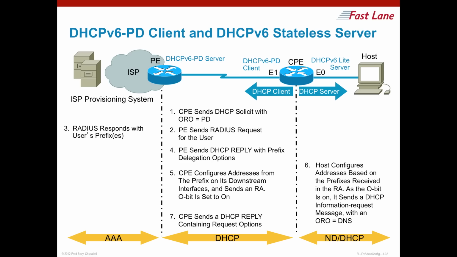So the CPE requests the prefix, which is given by the PE, and then the CPE sets a flag, the O flag, to tell the host that other configuration must be requested by DHCP, and the CPE is providing the host with the DNS server address.